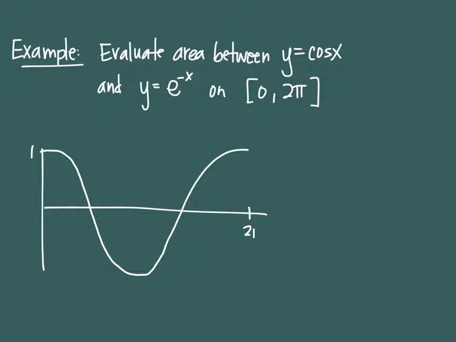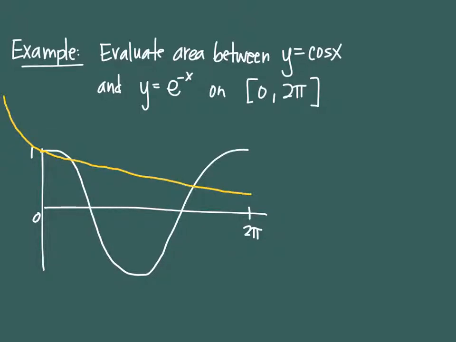We're going out to 2 pi, and we're starting at 0. And then we expect e to the negative x. Well, you can imagine what e to the positive x looks like, and it goes through the y-intercept of 1, but e to the negative x is a reflection. So we know that e to the negative x should come down here and hit 1, and then it's going to scoot under, over, and under.